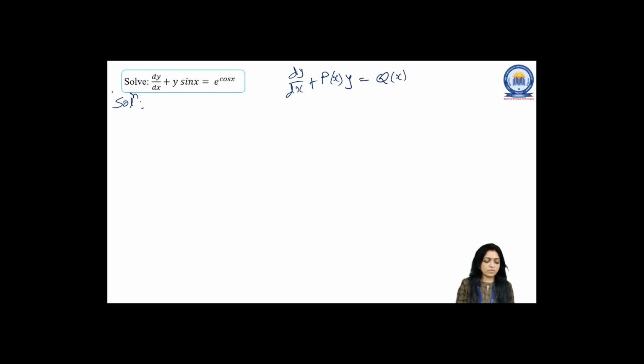So hence we can say that the equation is linear in y. As the equation is linear in y, by comparing this equation, our P is sin x and Q is e raised to cos x, right?